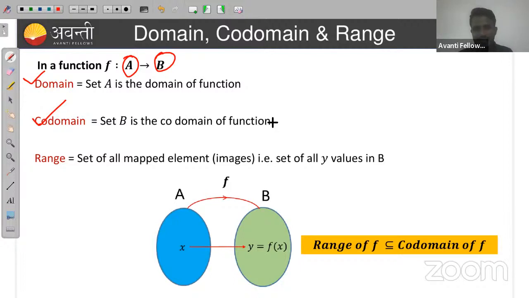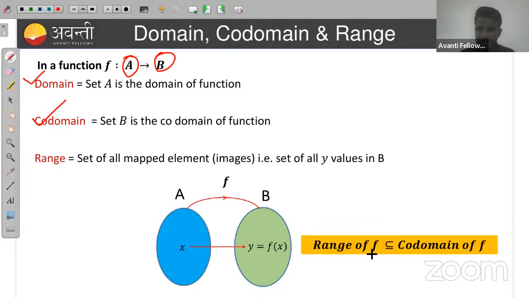But range contains the exact items. Sometimes the exact values may be equal to the possible values; in that case range and codomain will be equal sets. But in the majority of cases that doesn't happen, so the range may be a smaller set compared to the codomain. Codomain is a bigger set.